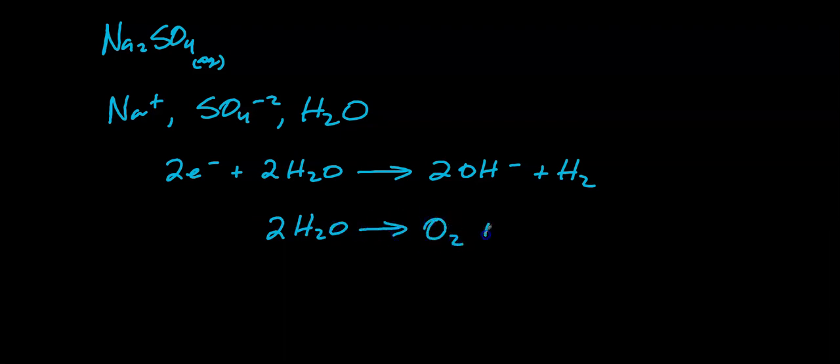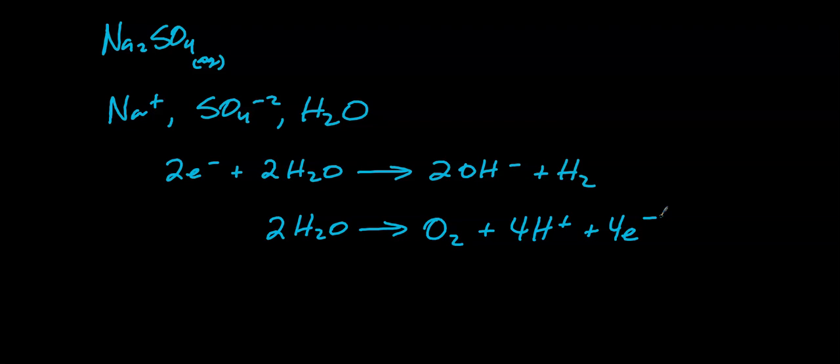Again, hopefully this is also in your table of reduction potentials. And we see that you produce not only oxygen gas, but H⁺ ions, and that is why the solution becomes acidic. Now there's a picture of this diagram on page 797 in your textbook, at the top, electrolysis of aqueous sodium sulfate.